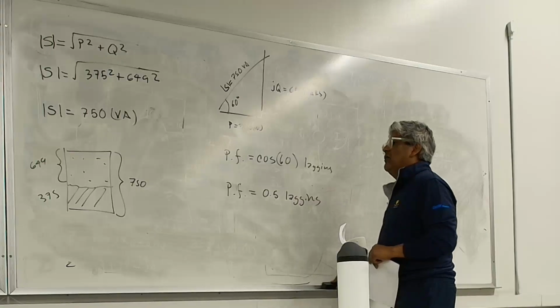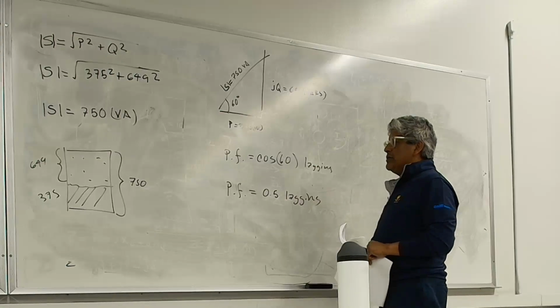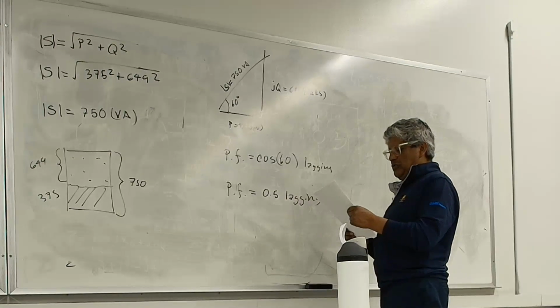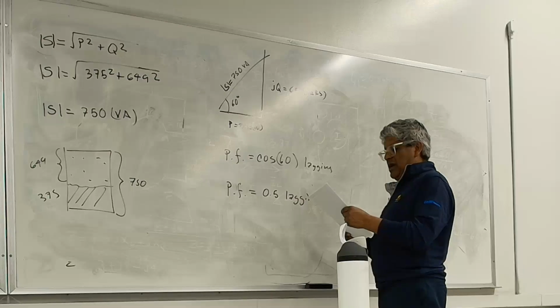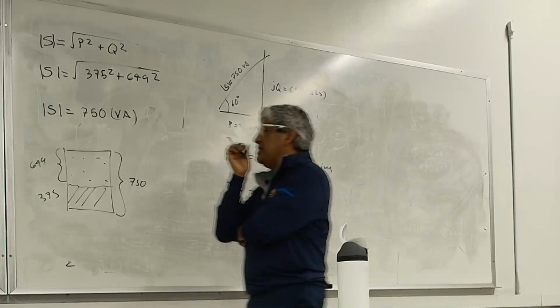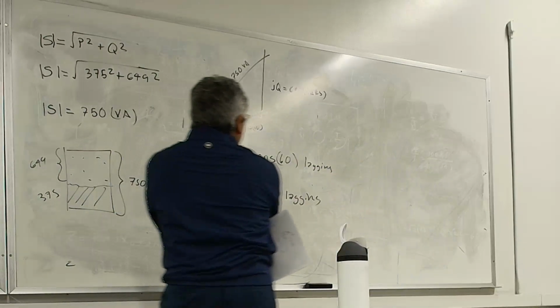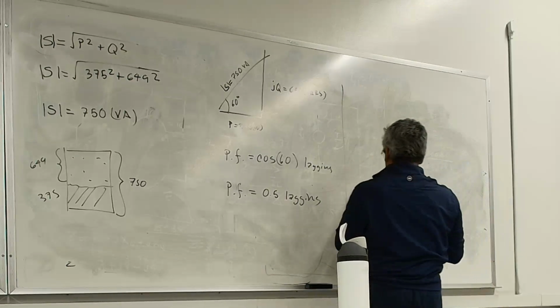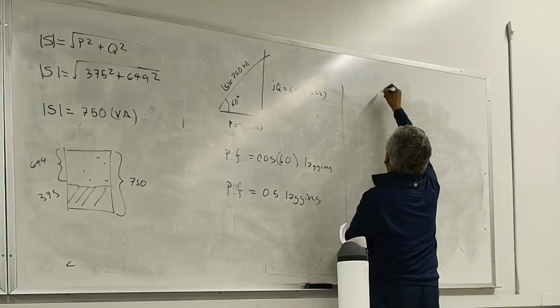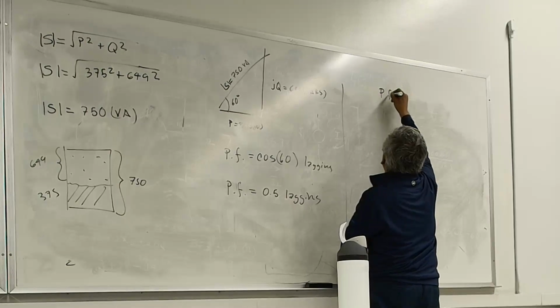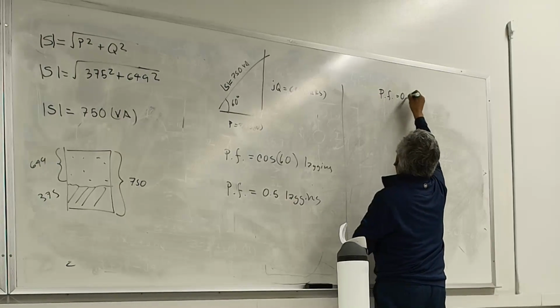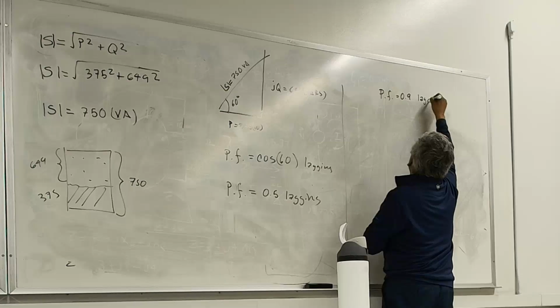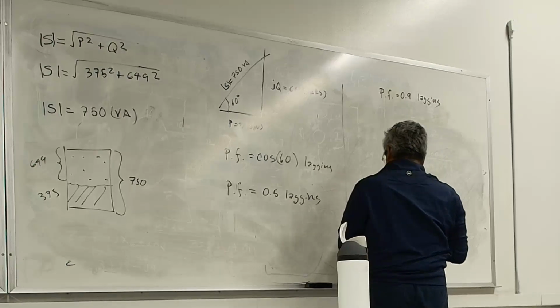The question is, how can I improve this, or what do I need in order to get the power factor to be a little better? They're asking us for a power factor of 0.9. Improve this to 0.9 lagging. All right, so what do we need to do?